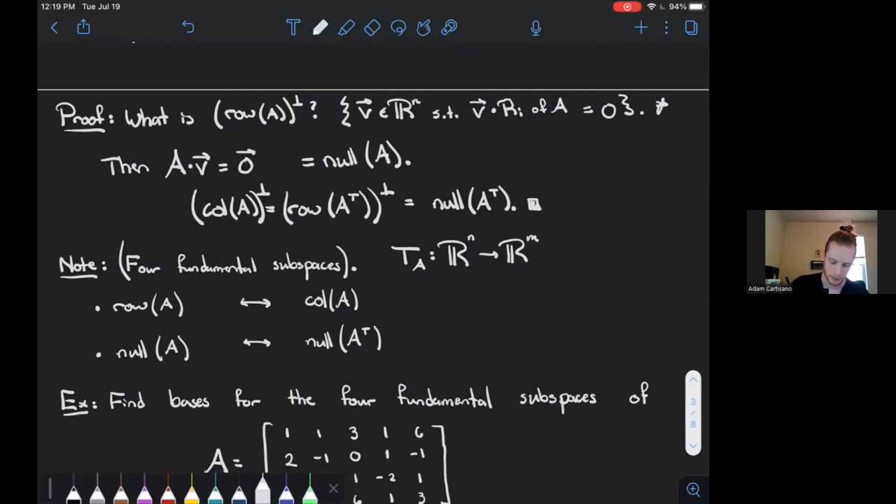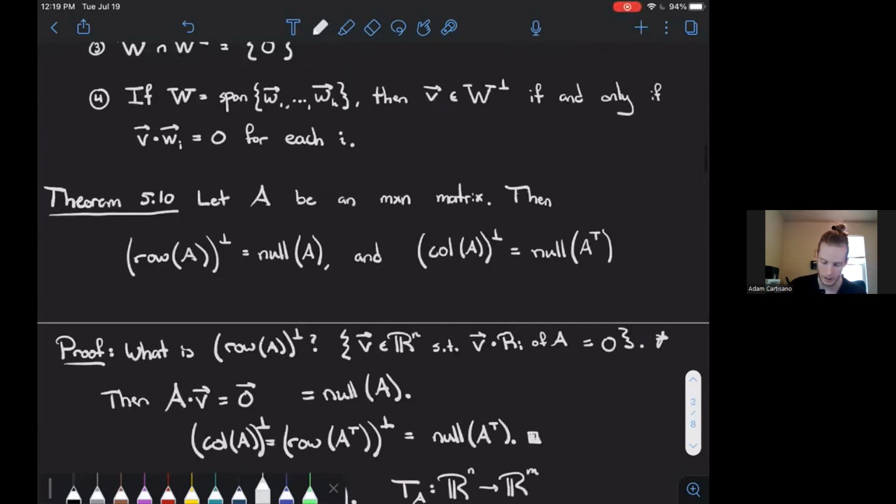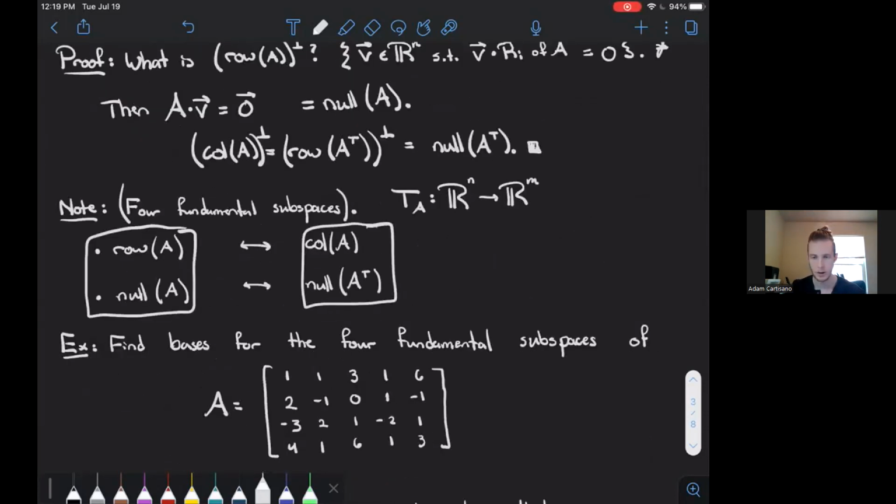Okay, there it is, row space of A and the null space of A. Those are orthogonal complements in Rn. And then the column space of A and the null space of A transpose are orthogonal complements in Rm.